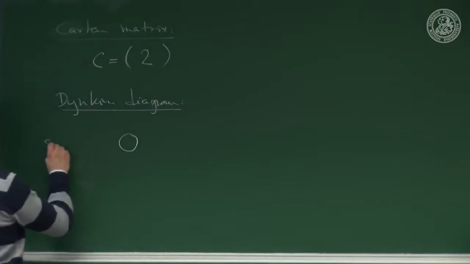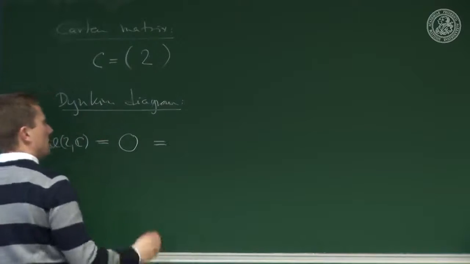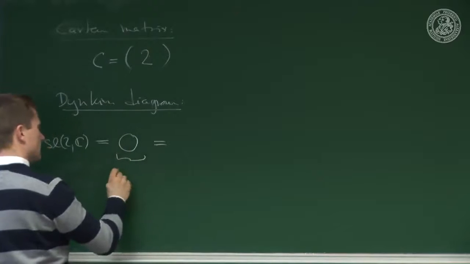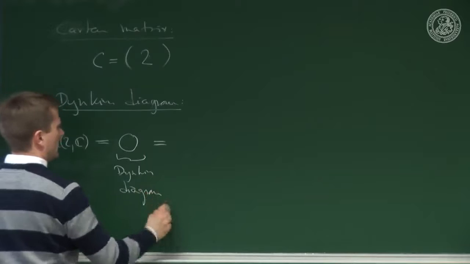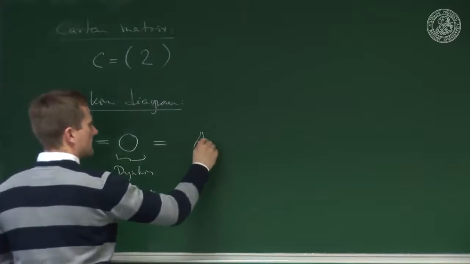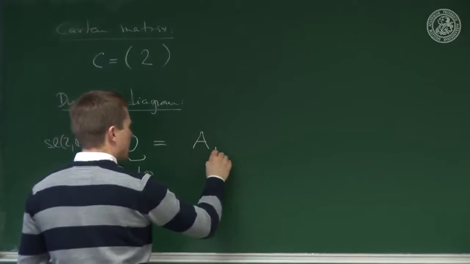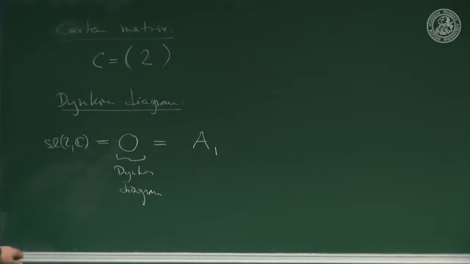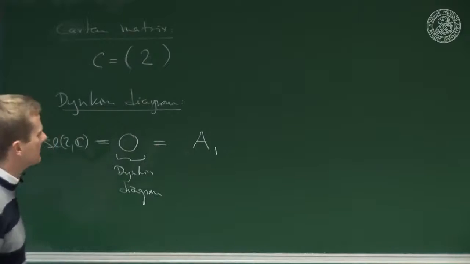And so that means that SL2C has this Dynkin diagram, and that is, of course, in the classification of the Lie algebras, the space A1. So we found at the end of this road that the Lie algebra of the big SL2C Lie group is A1, in the standard classification.